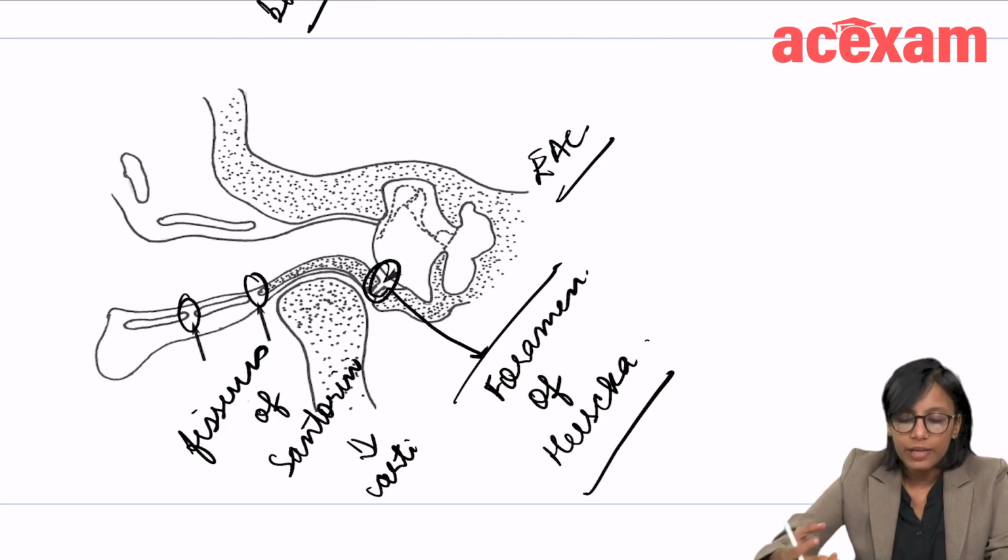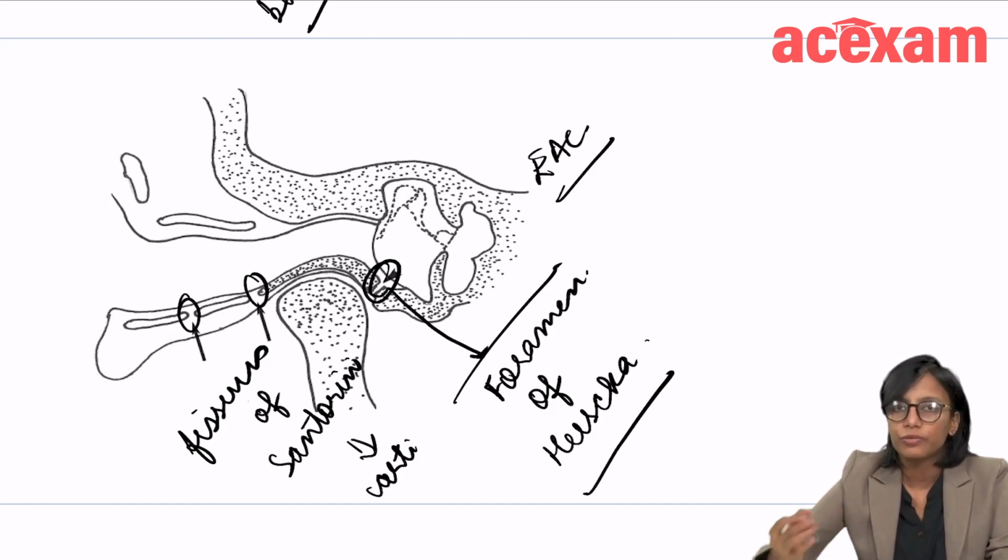So any infection of the external auditory canal can travel to the parotid, and any infection of the parotid gland can travel to the external auditory canal through these fissures and foramina. So this is very important clinically, right? There may be a patient who comes to you with ear discharge, in emergency or in OPD, and you look at the ear. The tympanic membrane is all right.